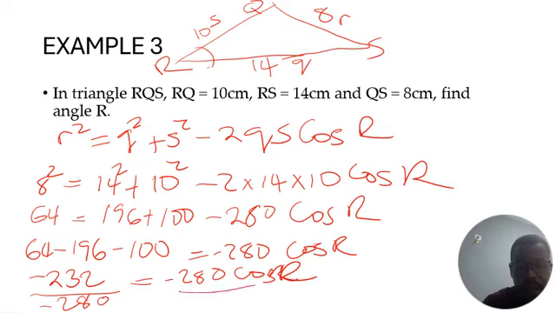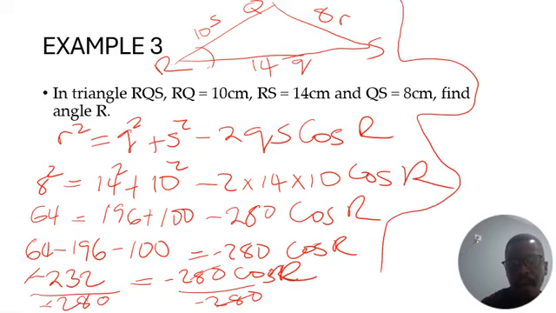That one and that one will cancel, meaning you will have cos r will be equal to 232 over 280.